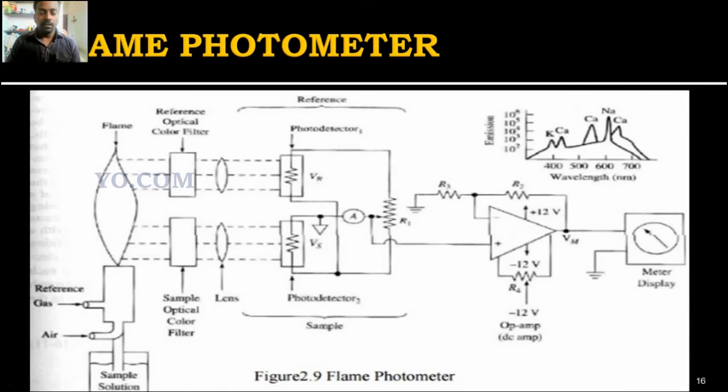According to the light emitted by the substance, we can measure the particular element.